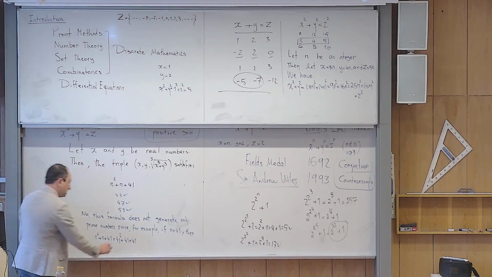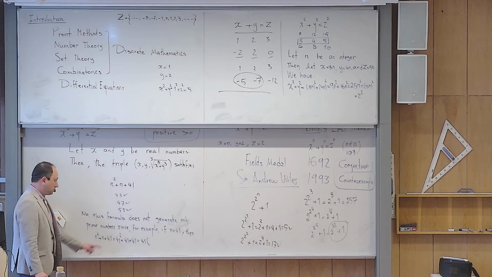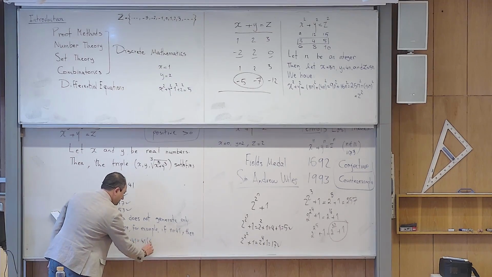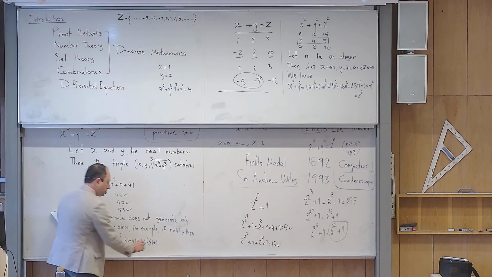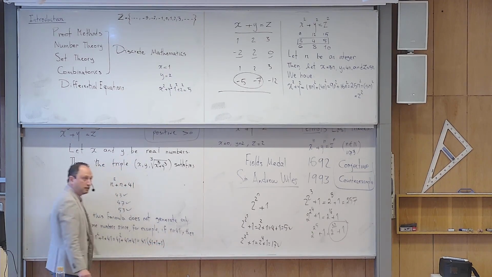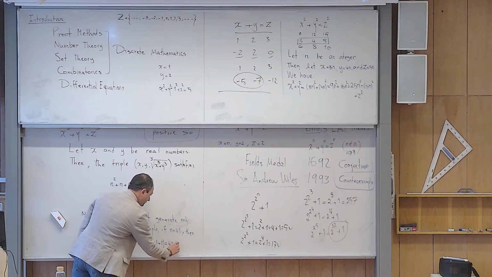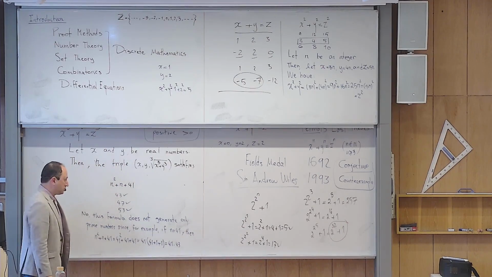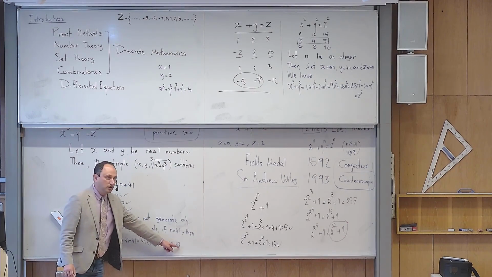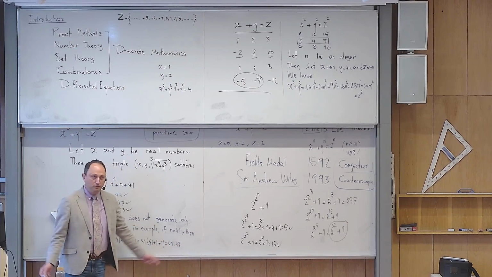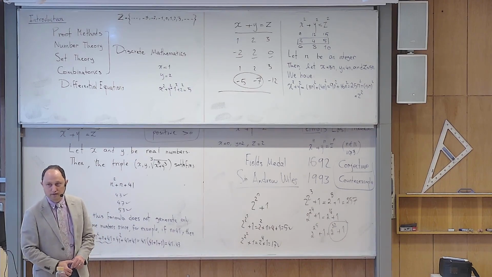But I can factor a 41 out. So this becomes 41, this becomes 1, this also becomes 1, and then this becomes 41 multiplied by 43. So this number, whatever it is, is 41 times 43, but it cannot be a prime number because it's the product of two numbers. Is that clear?